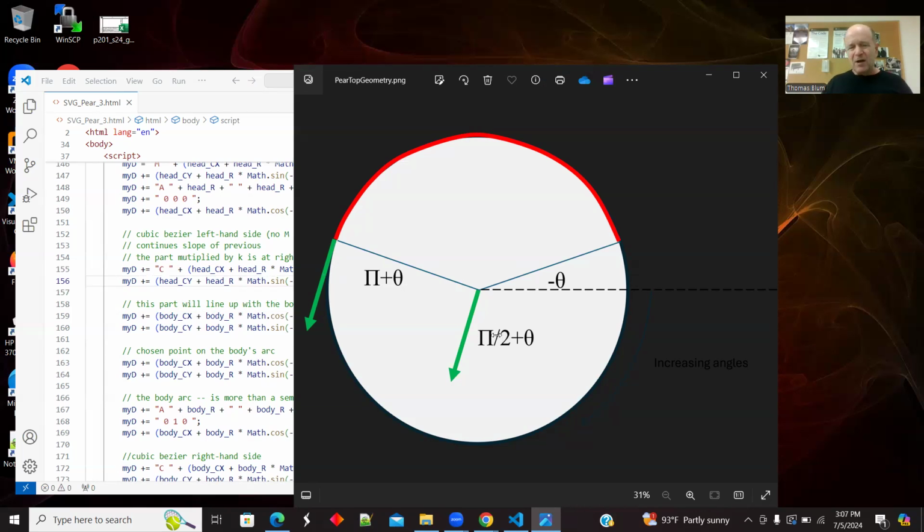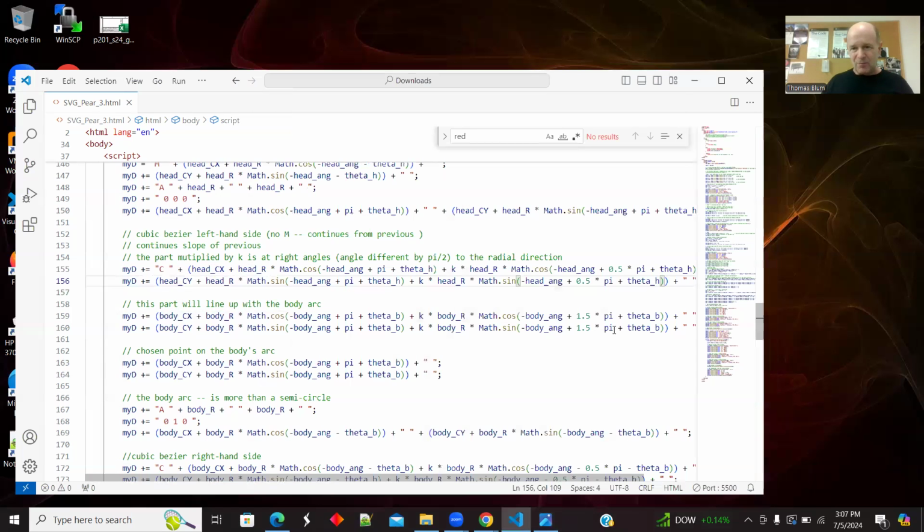I wanted to get this angle in the other direction, so I added another pi to it. So that's how I ended up here with 1.5 pi. Or 2 pi goes all the way around the circle, so I could do half a pi, or I could also have just subtracted this thing. So there are a number of ways I could have done this logic. This is what I came up with.